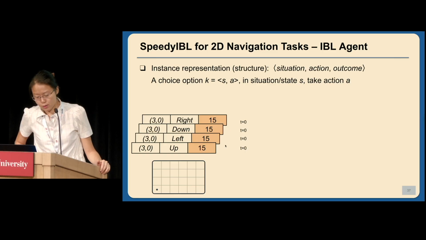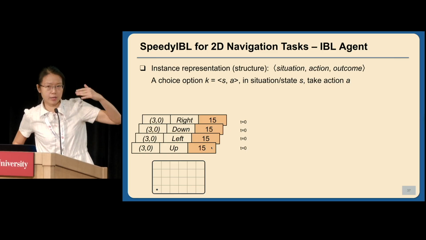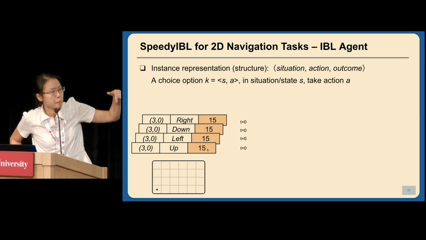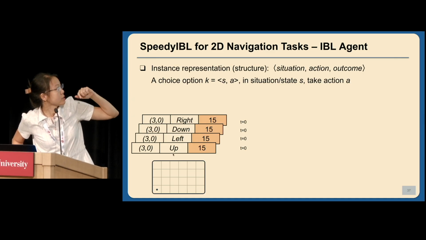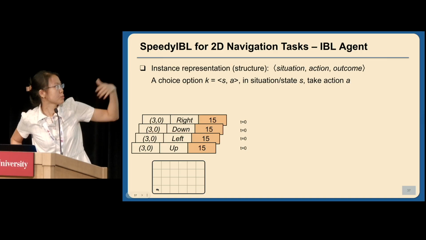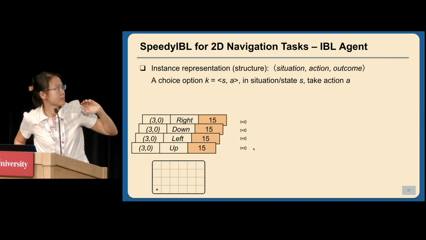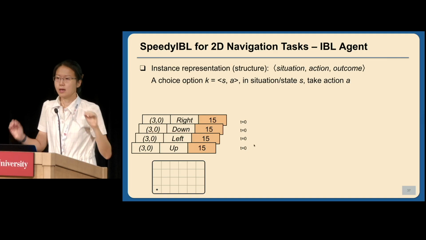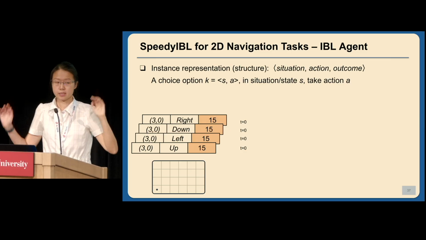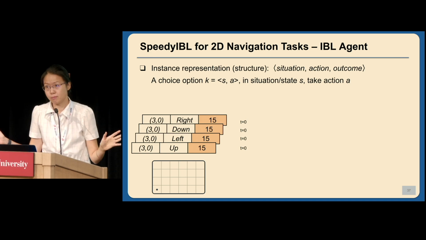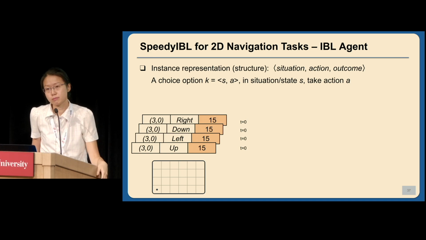So in the agent's memory, the expected outcome for every action in this situation is 15, at timestamp 0, before it has taken any action. I set this expectation the same for every choice, using the default utility value.